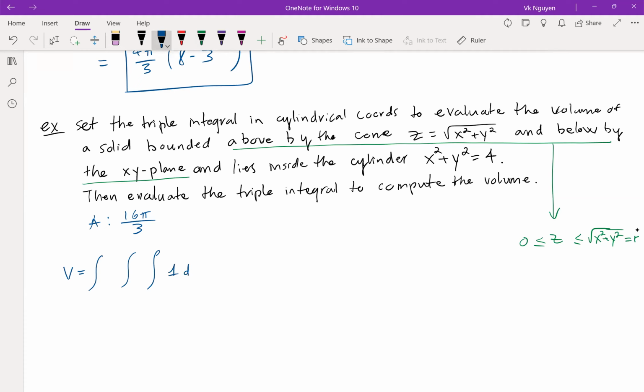It's 1 dz from 0 to r, and then here it's going to be r dr d theta. So it is inside the cylinder, meaning that dA is r dr d theta, and then the radius r is between 0 and 2. The angle is between 0 and 2 pi.